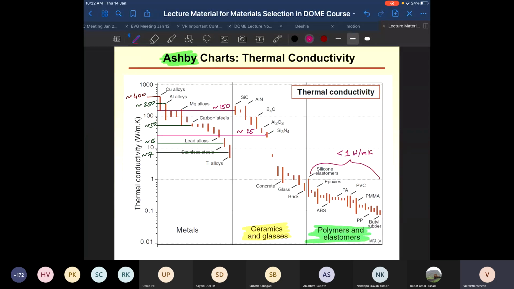Now, what happens to that heat which is getting generated? That heat will have to be released into the outer atmosphere. If you cannot dissipate the heat properly, what will happen to the operating temperatures? They will rise. The operating temperatures will keep increasing.